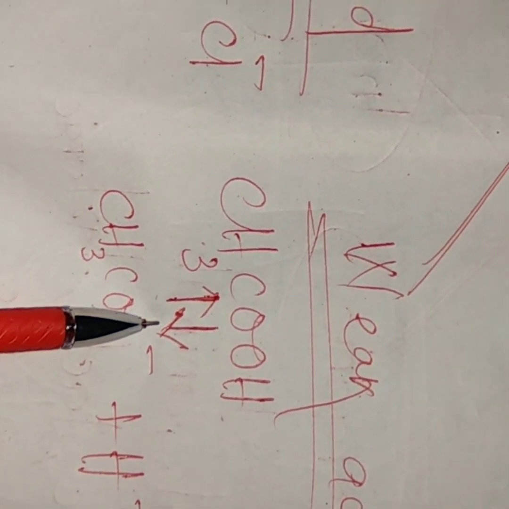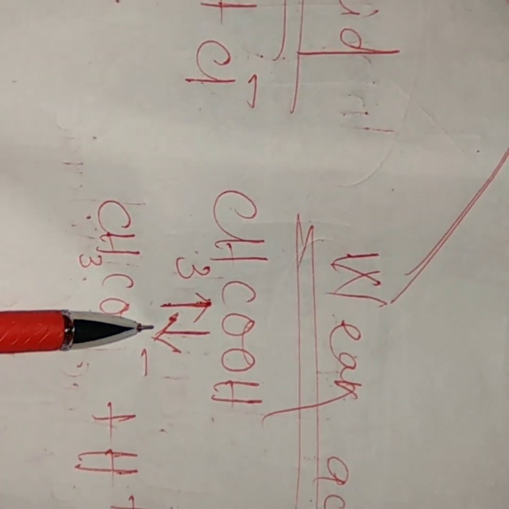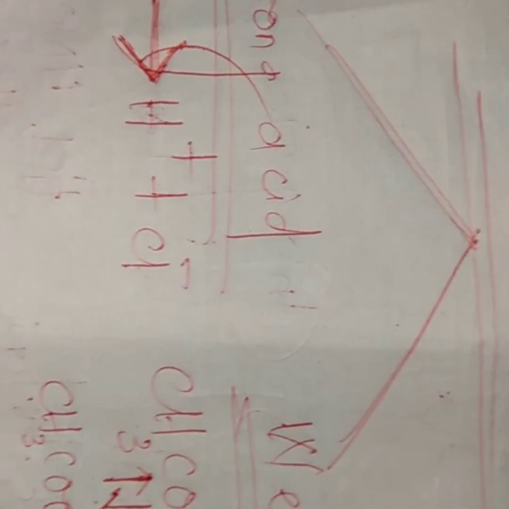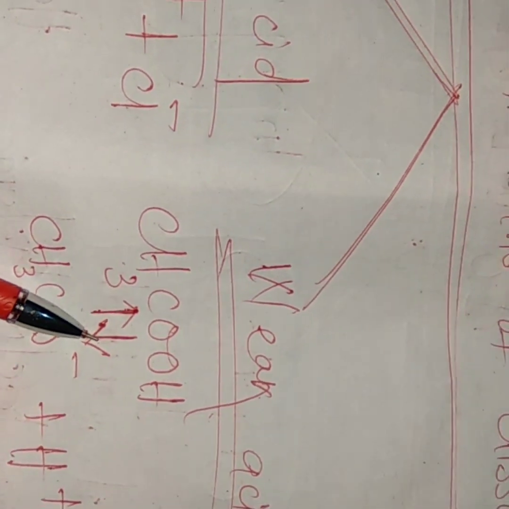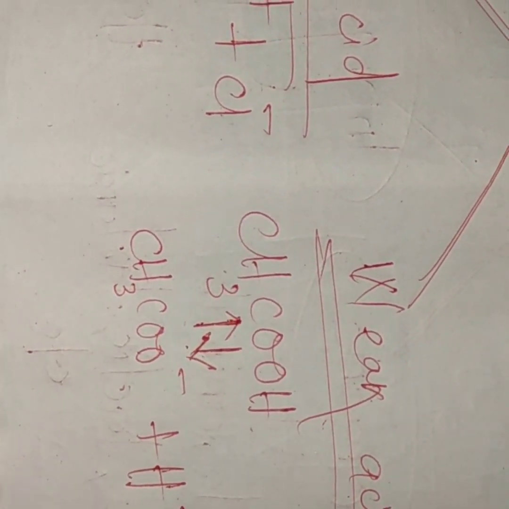This represents incomplete dissociation of ions. So that's why this is known as your weak acid. In case of a strong acid, it completely dissociates. In case of weak acid, it partially dissociates into ions.